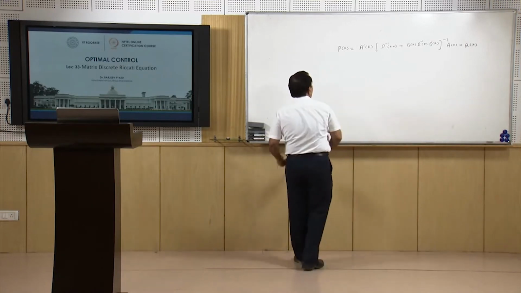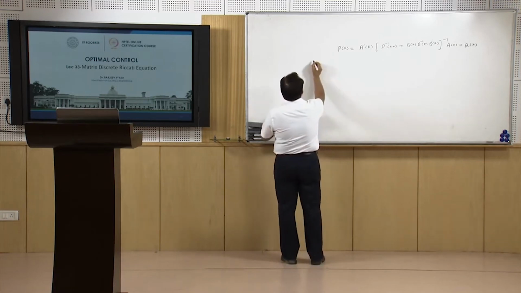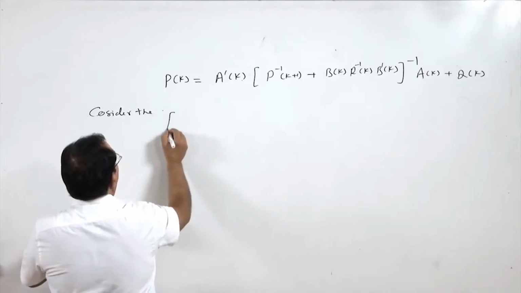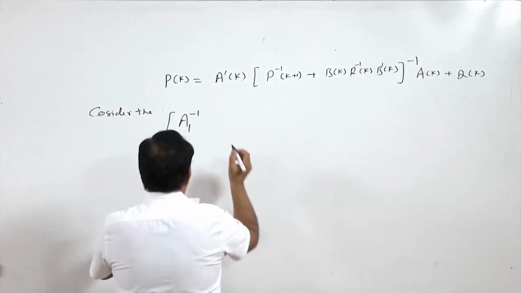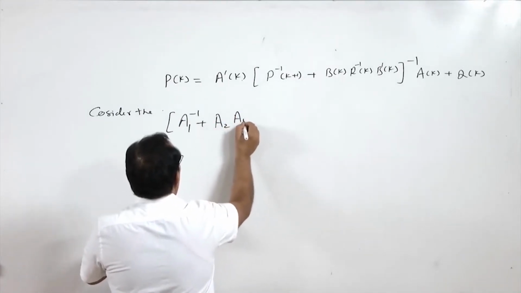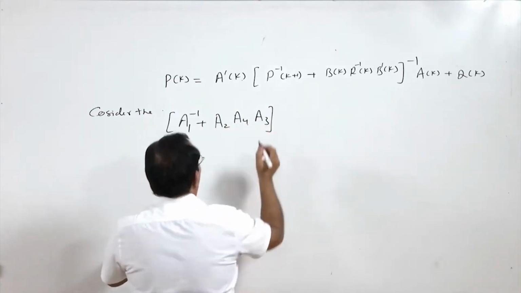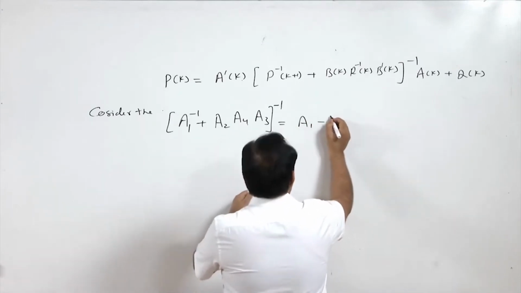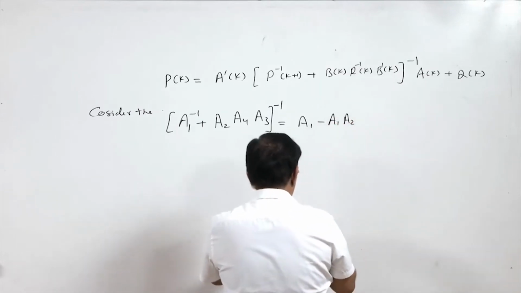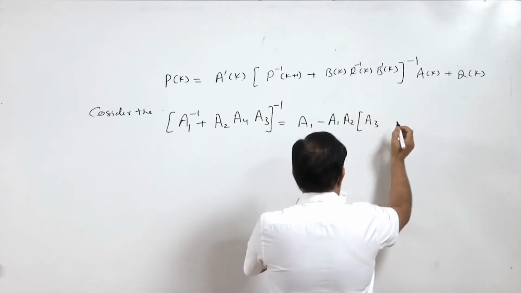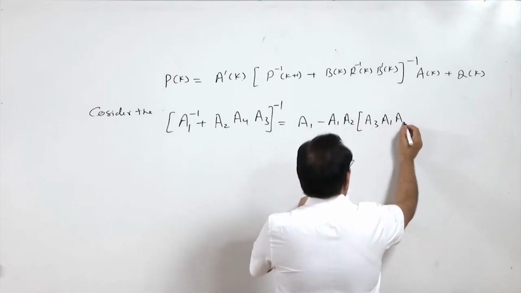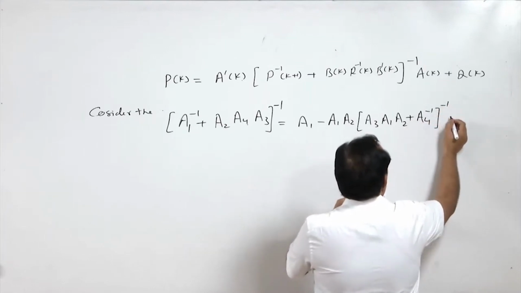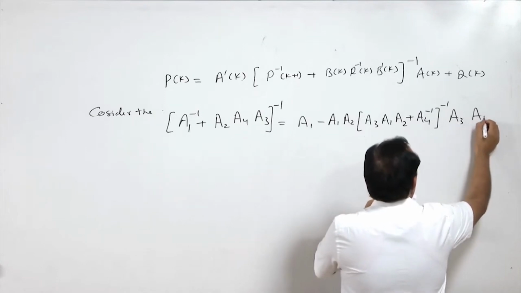So, we take the matrix identity. Consider the matrix identity: A1 inverse plus A2 A4 A3, the inverse of the whole, equal to A1 minus A1 A2 A3 A1 A2 plus A4 inverse, whole inverse, A3 A1.